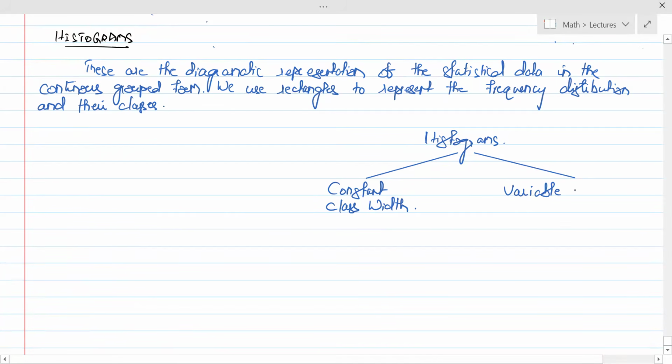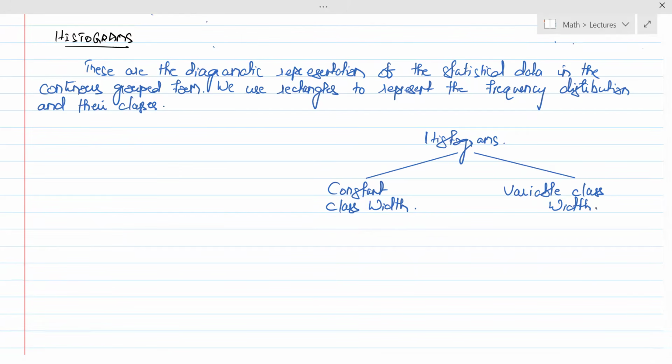That means now the class width is not constant, it keeps on varying. Now, these are the two different types of histograms.